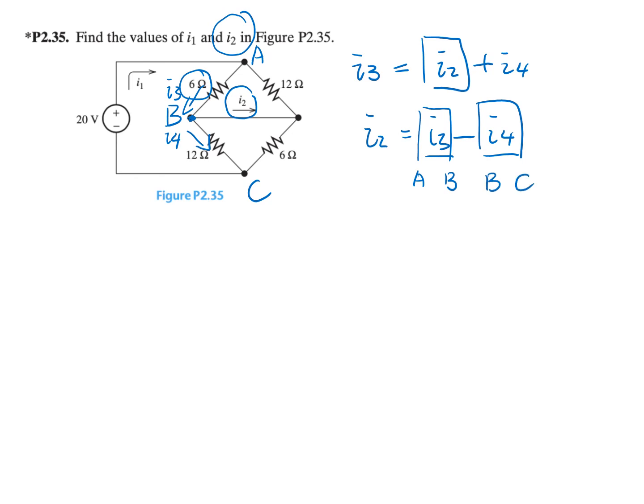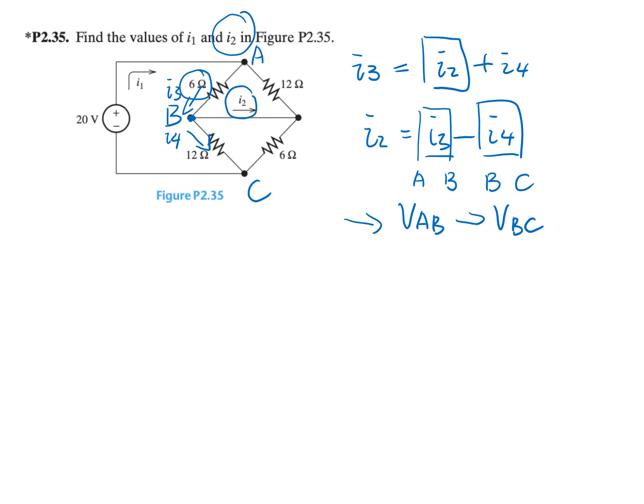So we know the resistor values, that's 6 ohm and 12 ohm. So what we are going to do now is to find the voltage drops, VAB and VBC. Typically in this case, we need to simplify the circuit again to the extent that we can easily find VAB and VBC.